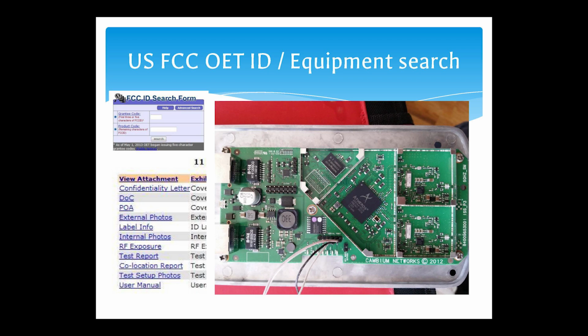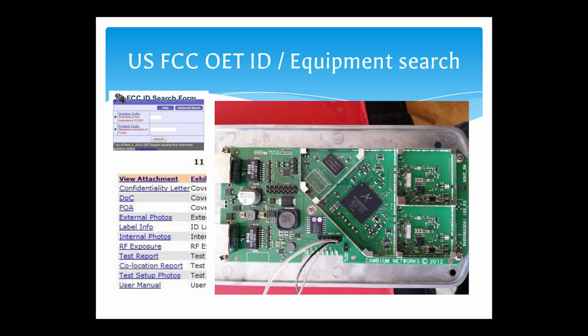And sometimes, it's rare, manufacturers forget to send in the confidentiality form where they tell the FCC that they don't want the schematics or parts list to be made public. So sometimes you can go through the database and find products where you get the complete schematics of the radio and parts list, which, if you're an RF nerd, is really fun to see how stuff has been designed.